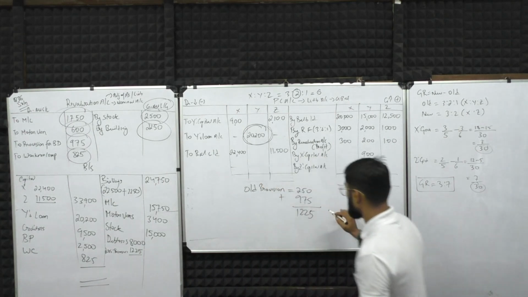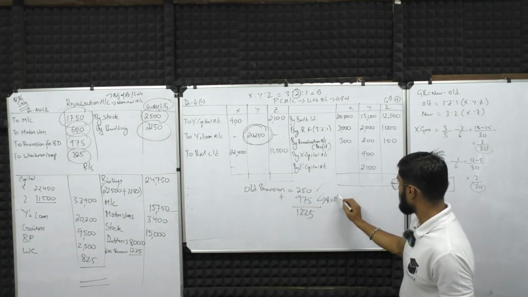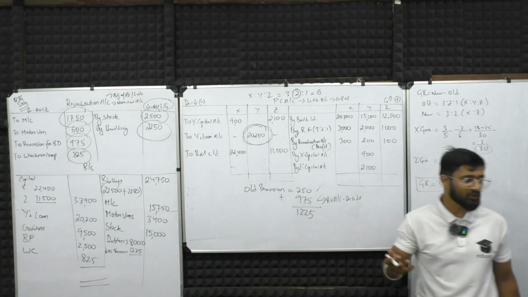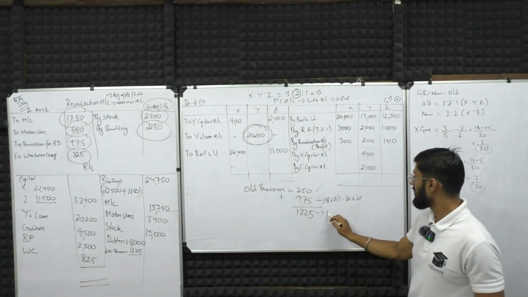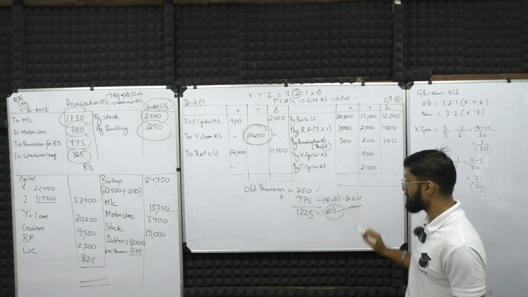The increase goes to the revaluation account debit side as a future loss, and then to the new balance sheet.